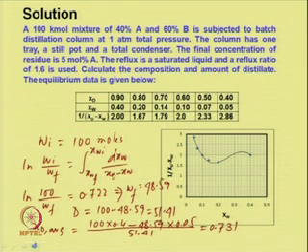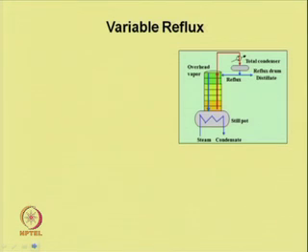Now, we will consider the variable reflux problem where we keep the overhead concentration constant, so x d constant. In this case, the reflux ratio would be changed continuously, whereas x d is kept constant. So, the concentration of the distillate will not fall at any time.